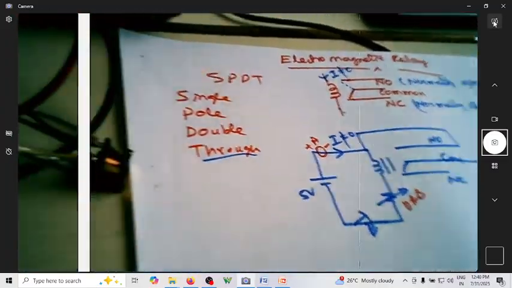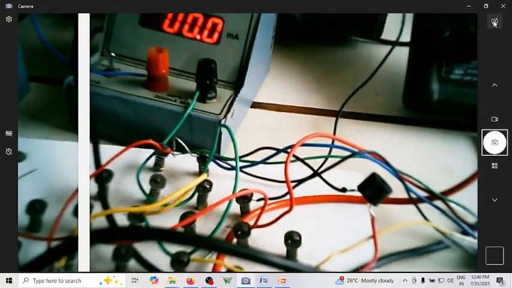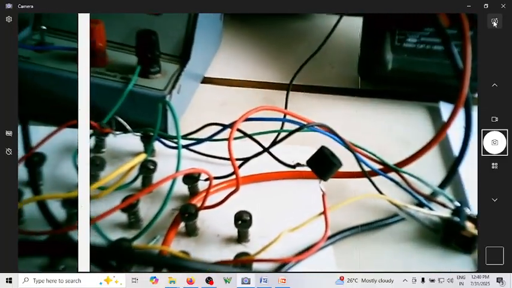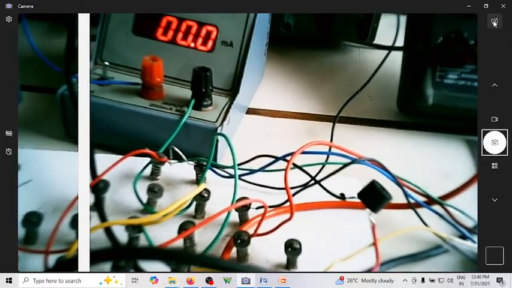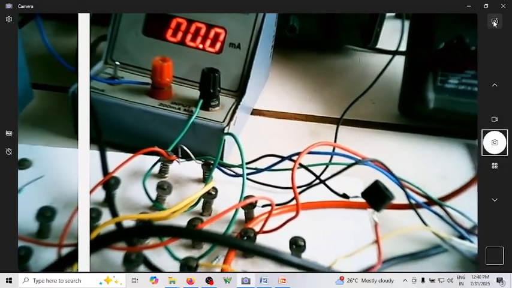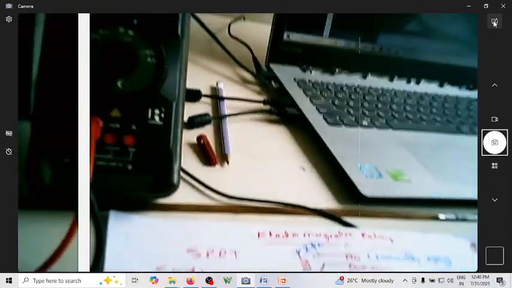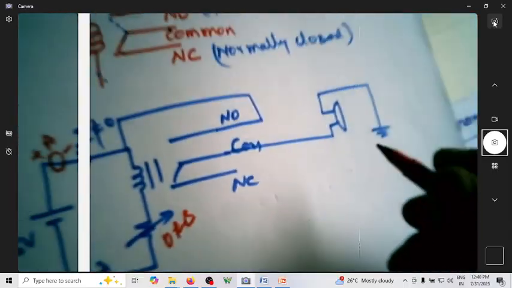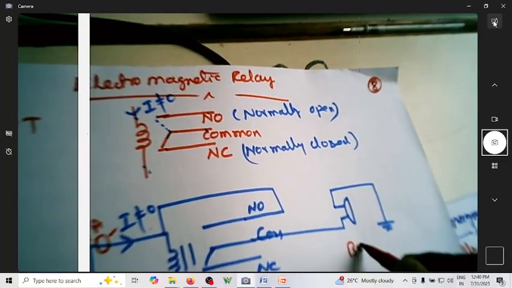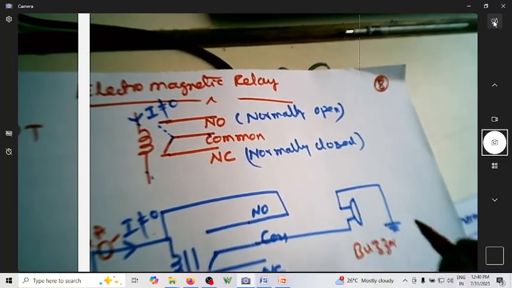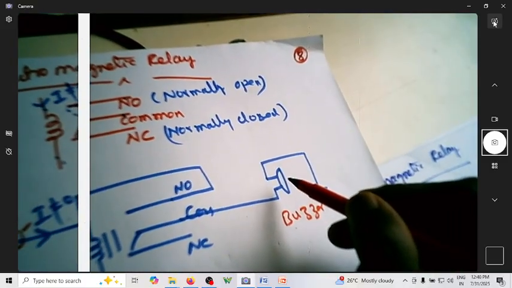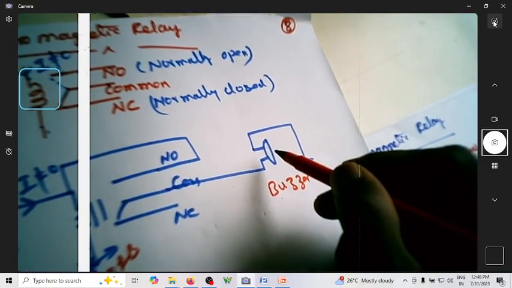When the switch is open, there is no current flowing through the coil, and the NC is connected to common. I have connected a buzzer here. You can see this is a 5 volt buzzer. If 5 volt is connected to it, the buzzer will make sound.